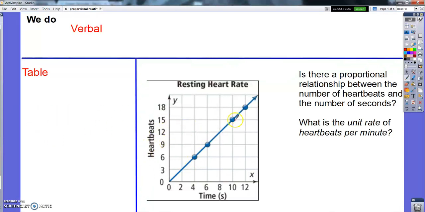They've even neatly put some points on there that we can go ahead and use. So it looks like my X variable, my independent, is time, which is in seconds. And my dependent variable is heartbeats.